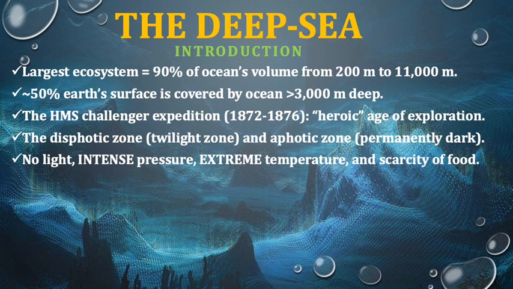These ecosystems are characterized by different ecological factors such as the absence of light, the intense and increasing pressure with depth, and extremely low temperature, with few exceptions, for example in hydrothermal vents, and of course the scarcity of food.